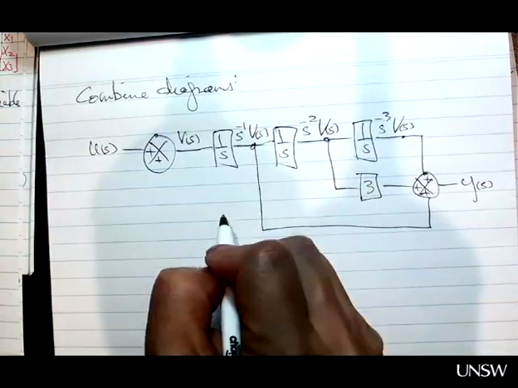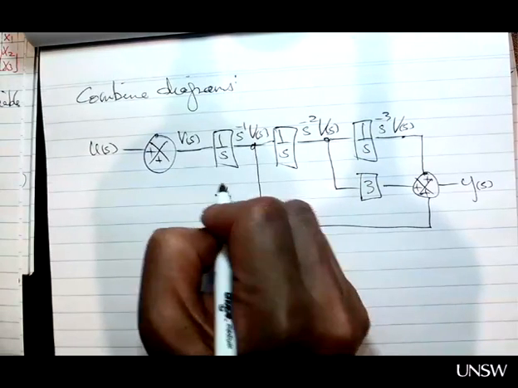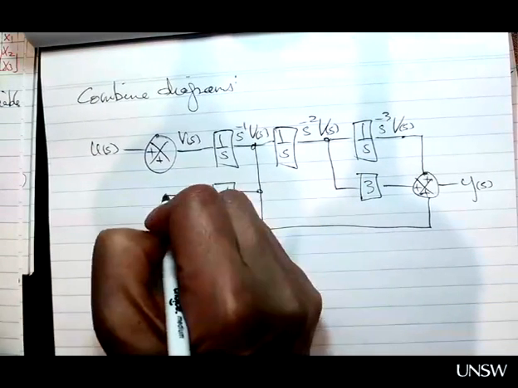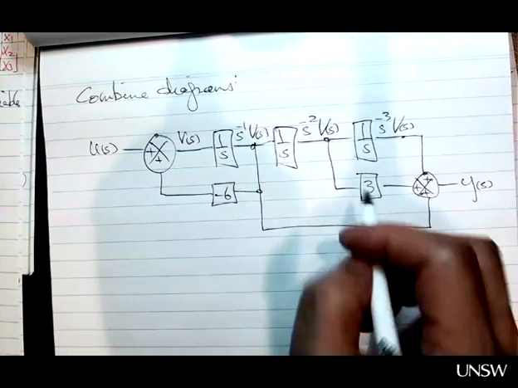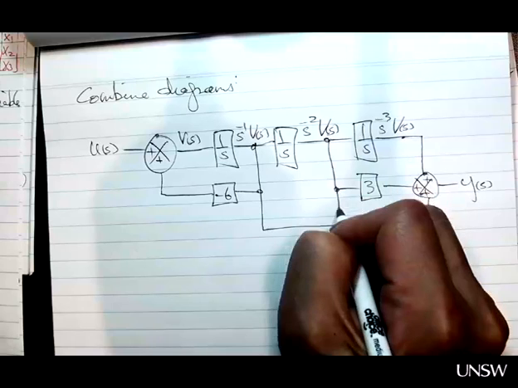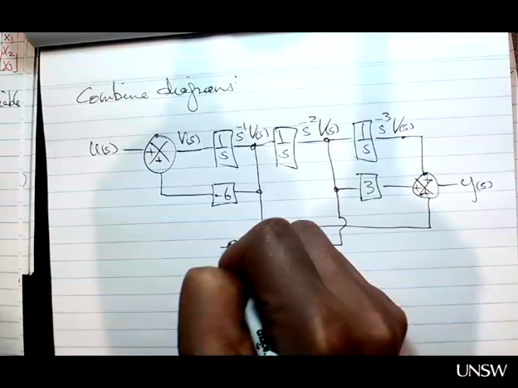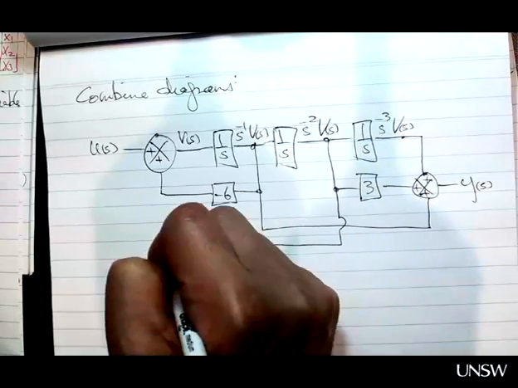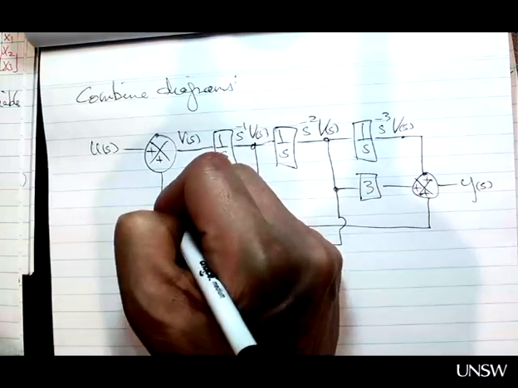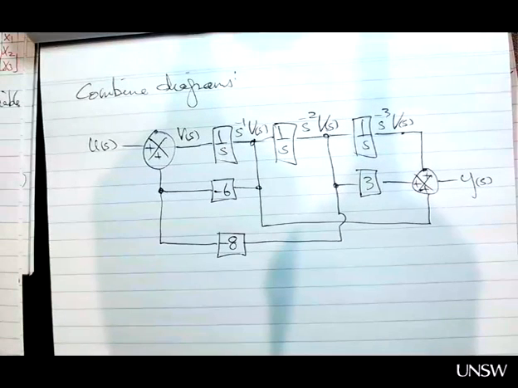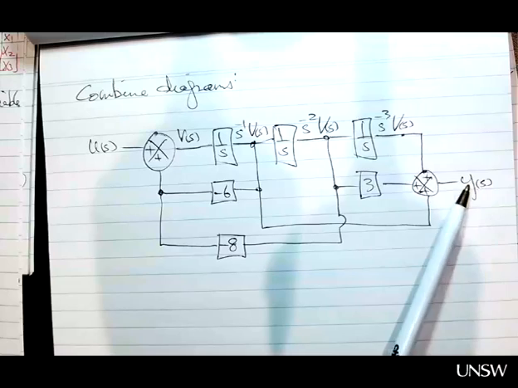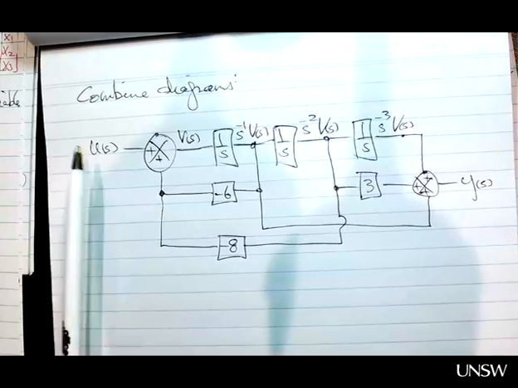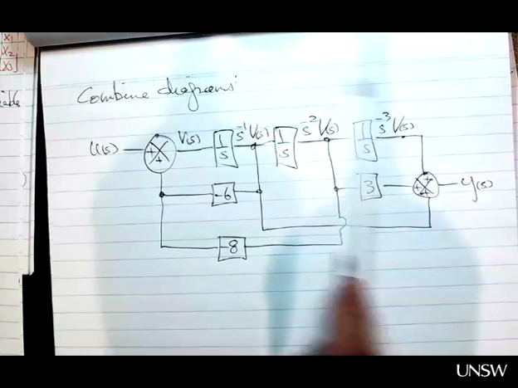In the second diagram, we have -6 and then we have the -8. Like this. So this is the diagram representing the transfer function for Y(s) divided by U(s). This is the diagram.